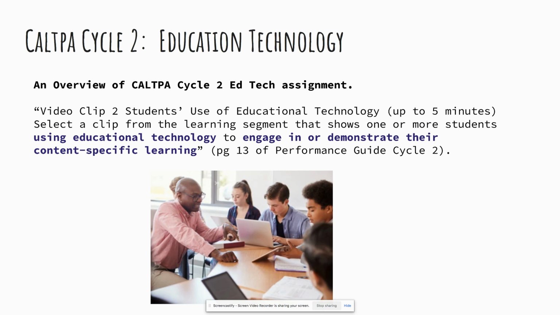In fact, for Cal TPA Cycle 2, one of your video clips needs to show a learning segment in which students are using technology. So just be mindful of that. If you're already working on your Cal TPA Cycle 2 and you're creating evidence, you have to create a video clip where you're showing students using EdTech.